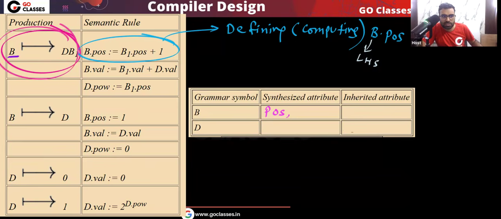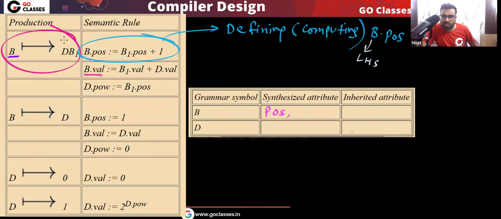You can see for this production, this is another semantic rule. In this semantic rule, can you tell me which attribute we are defining? We are defining B.val, and you can see this B is the LHS. Again, in this semantic rule, we are defining an attribute of LHS.